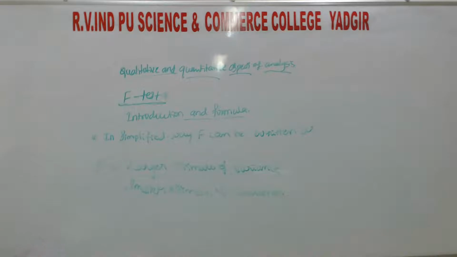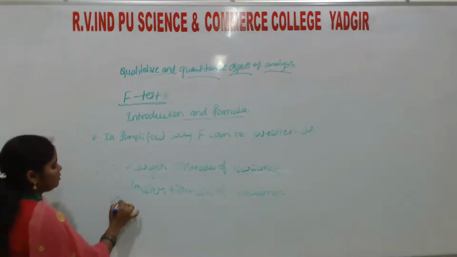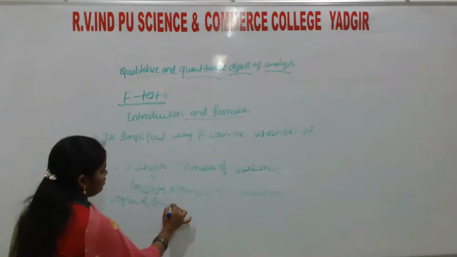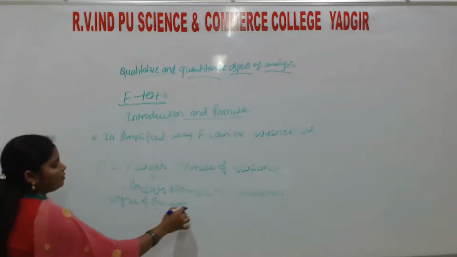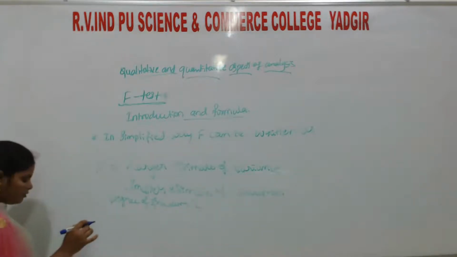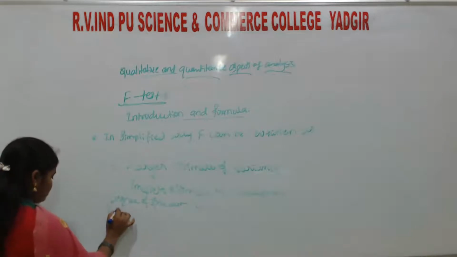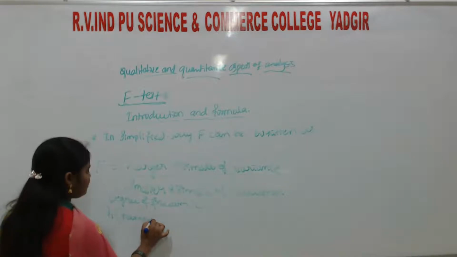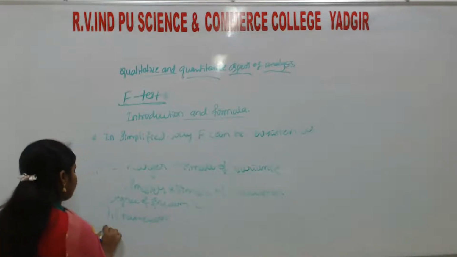And next, degree of freedom. You consider here the degree of freedom. Therefore, nu1 is for the numerator and nu2 is for the denominator.